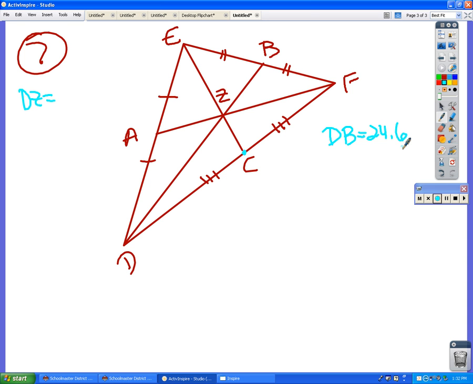No, because it's the whole thing that's 24.6. And so this is 1/3 of it, and this is 2/3 of it, because this is half of that. Okay? So what you have to do is take that and divide it by 3. So 24.6 divided by 3 is 8.2. Then you double that, and that means that DZ is 16.4.